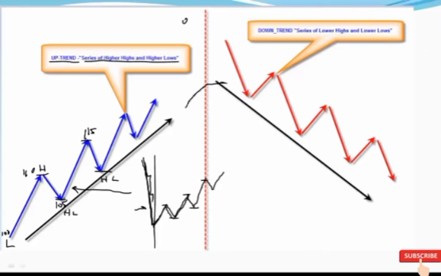Conversely, in a downtrend, you have your high, your low, your lower high, and your lower low, or LL. So what you're doing is establishing a trend down, or a downtrend. Typically, when you're looking at a trend, the lower high does not exceed the prior lower high, and each low goes below the prior low, as you see here.